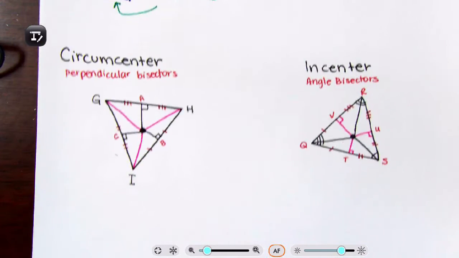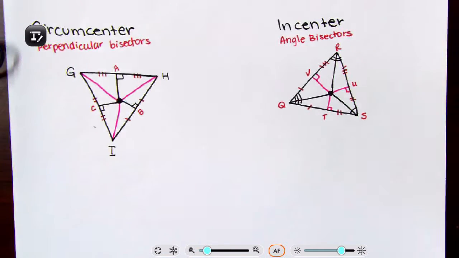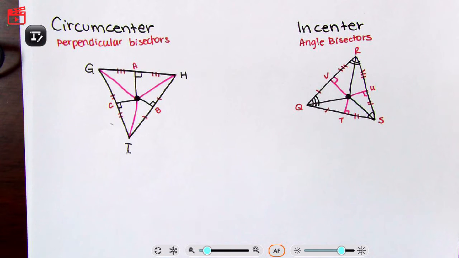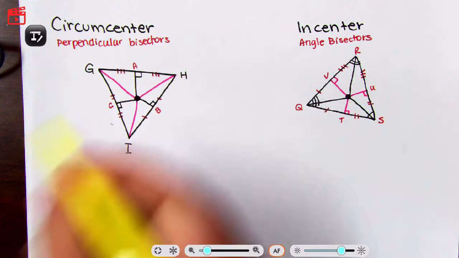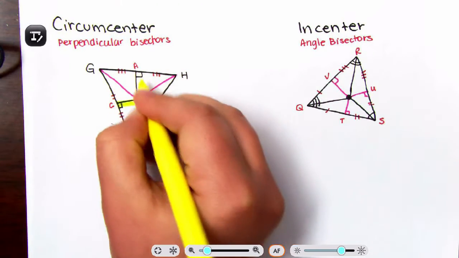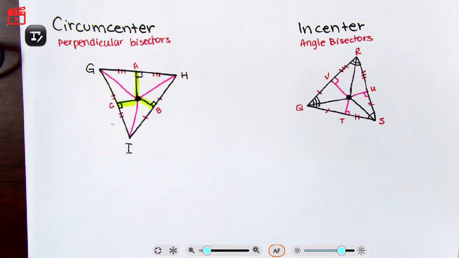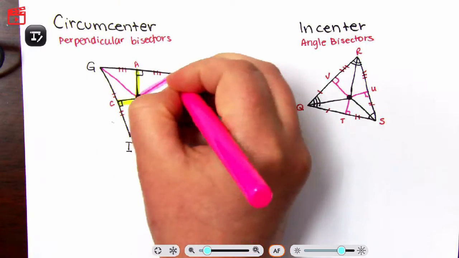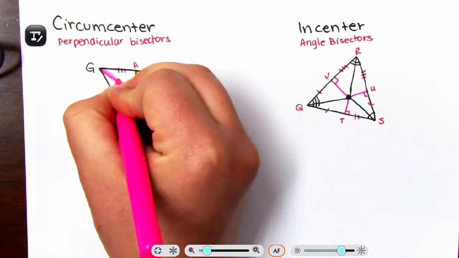Moving backwards to triangles, let's talk about the circumcenter and the incenter in triangles. A circumcenter starts out with perpendicular bisectors. So I'm going to highlight the perpendicular bisectors, this one, this one. If you have perpendicular bisectors, that means a few things. That means that these pink lines right here are going to be congruent.